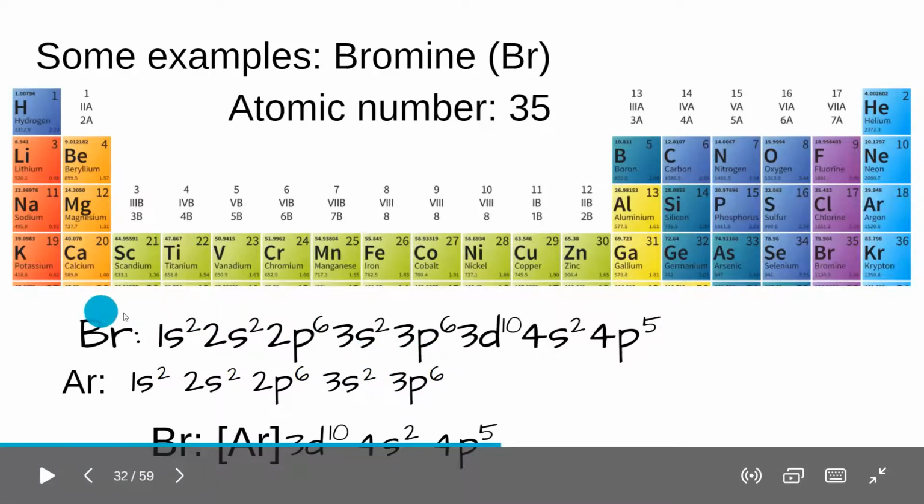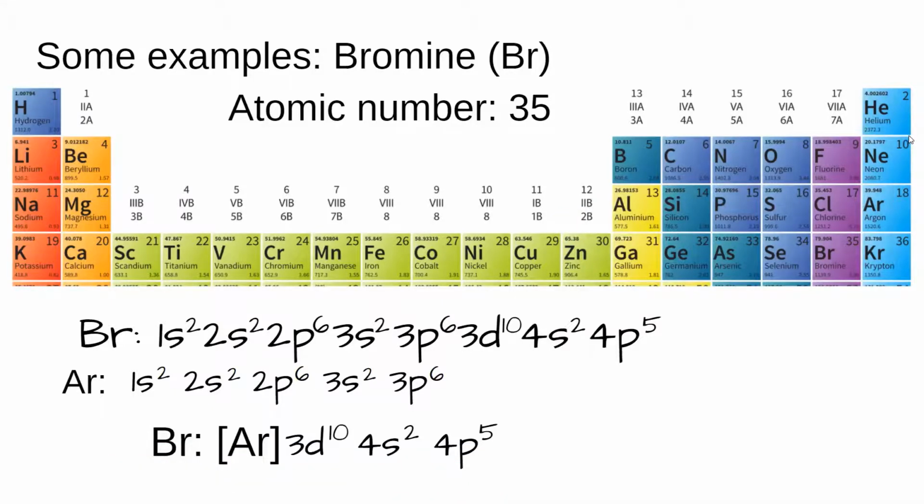And so when we look at bromine and argon, the first half of this is exactly the same, right up to 3p6. So what I can do is write for bromine, I can write argon in square brackets, or Ar, just the symbol, not the full name, so just the symbol Ar in square brackets. And then I can just write what is after Ar.